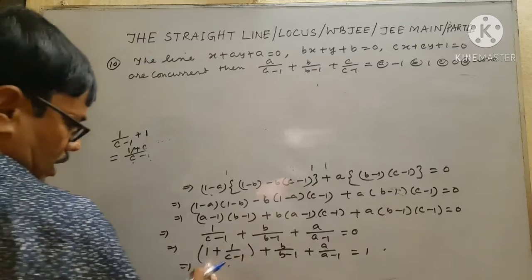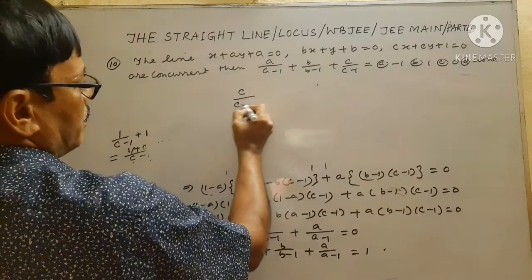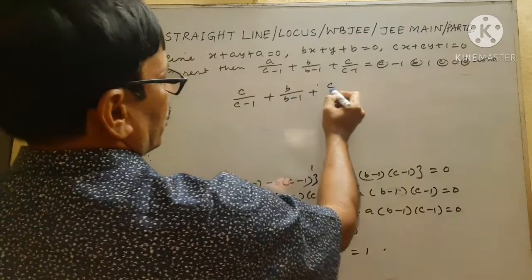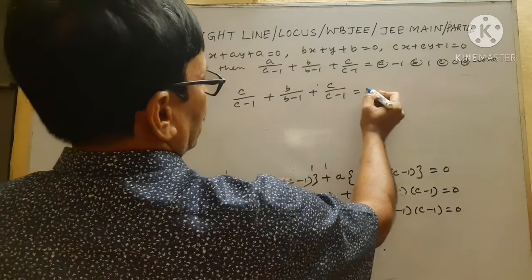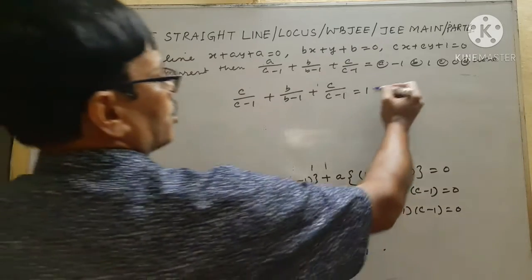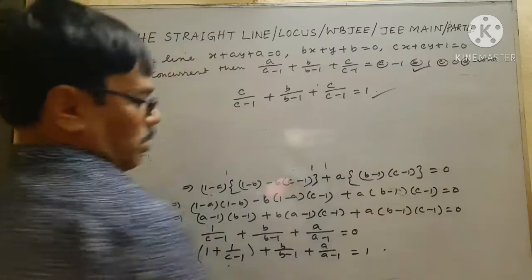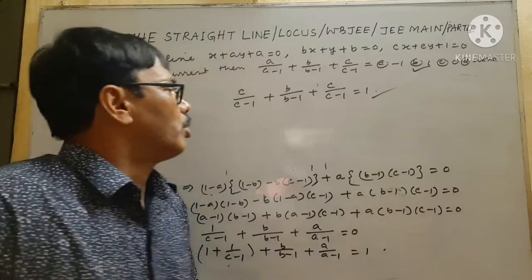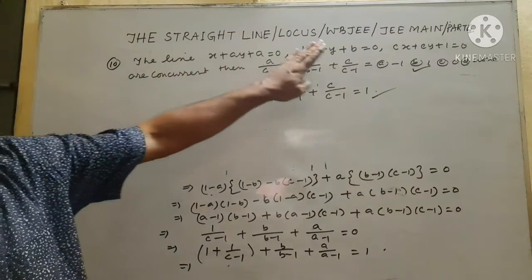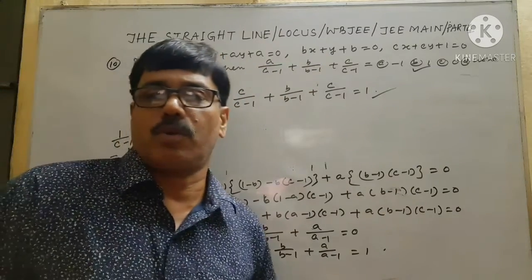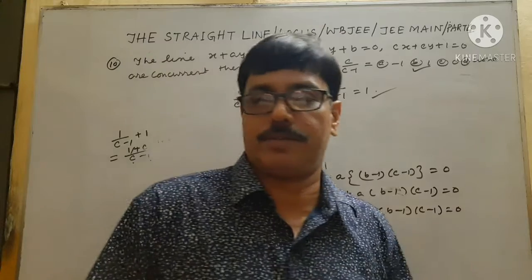C minus 1 plus 1 is C by C minus 1, B by B minus 1 unchanged. C by C minus 1 equals 1. Adding 1, so this is a possible option. So lines are concurrent, determinant 0, and it is basically a problem of determinant.